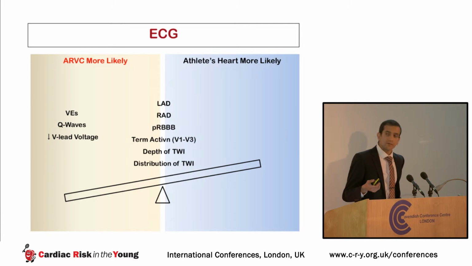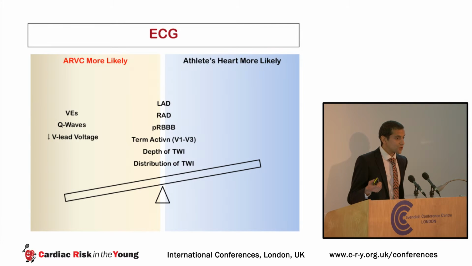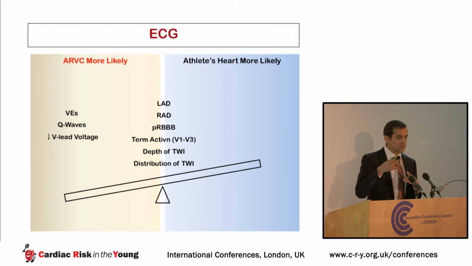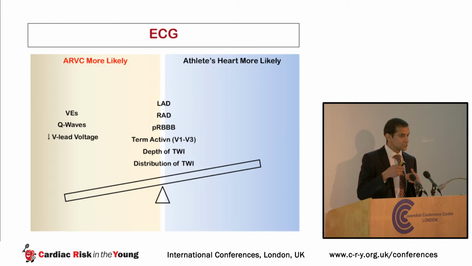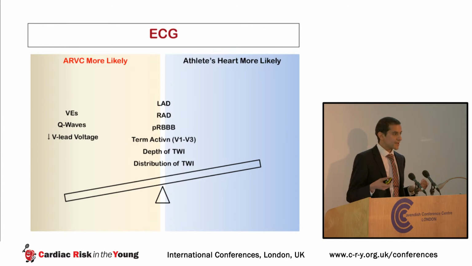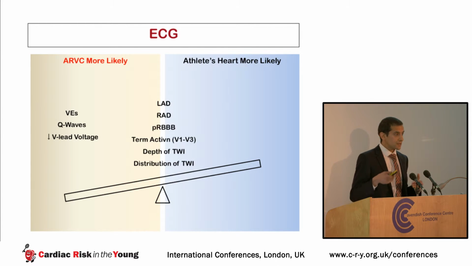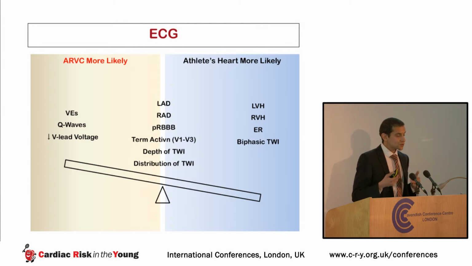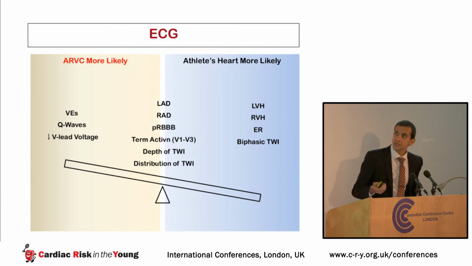Now, if you had more than one ventricular ectopic on your resting ECG, if you had pathological Q waves or low voltages in the ventricular leads, the chest leads, that was suggestive of ARVC, because remember, the fibrofatty infiltration that you get in ARVC, the fat doesn't generate electricity, so you tend to have low voltages in the QRS complex. Whereas left ventricular hypertrophy and right ventricular hypertrophy were actually more suggestive of physiological remodeling, because we know that athletes get high voltages on their ECG.